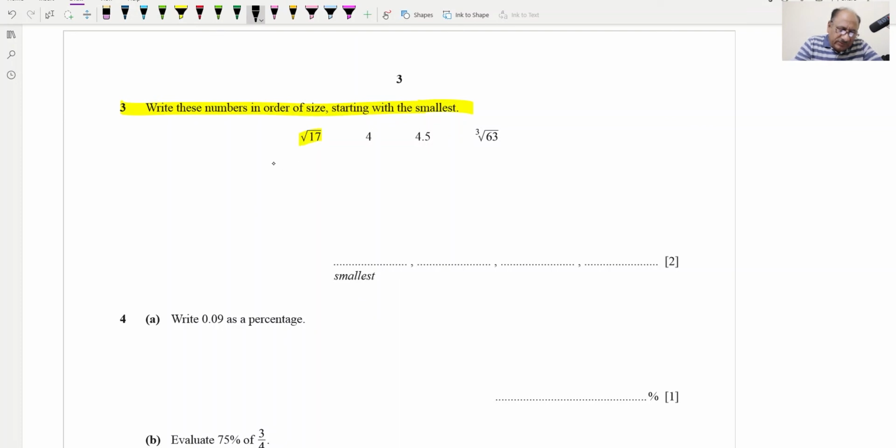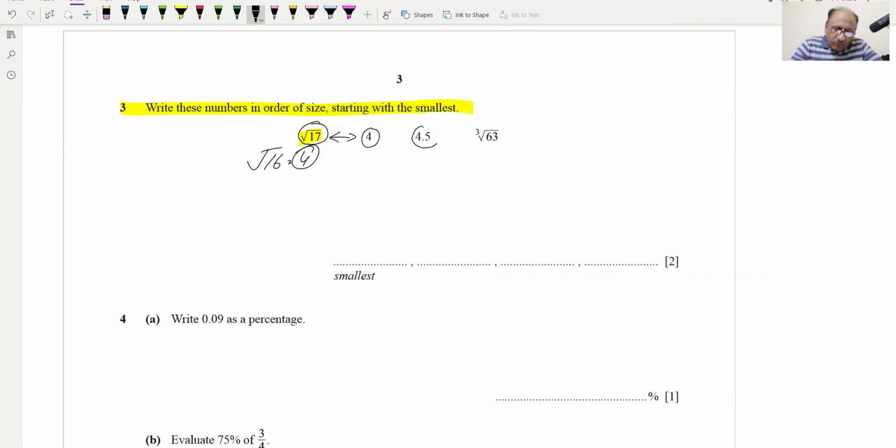If it is root 16, root 16 we know is equal to 4, and this is more than 4. So a little more than 4, it means this 4 is lesser and this one is the bigger number if we compare these two.